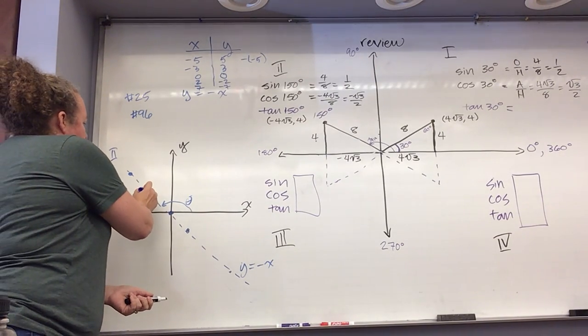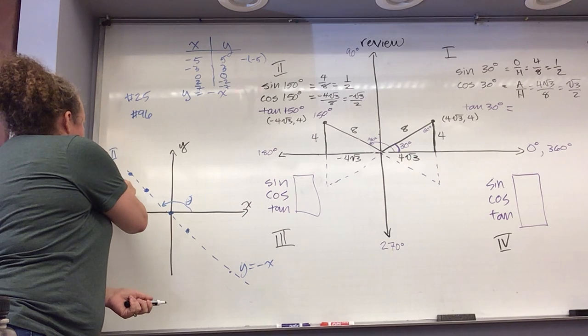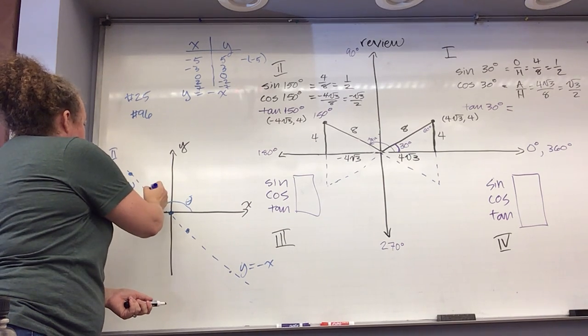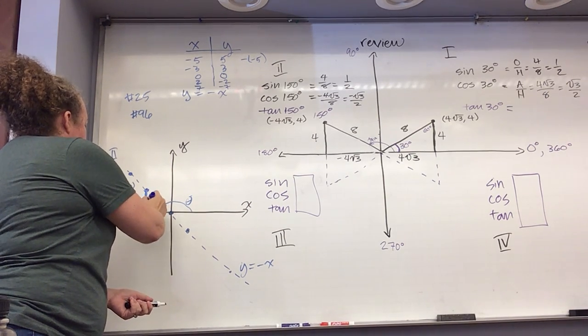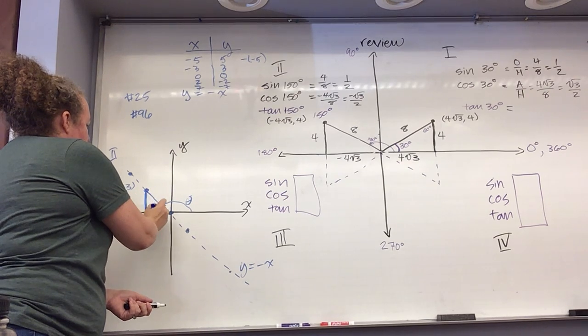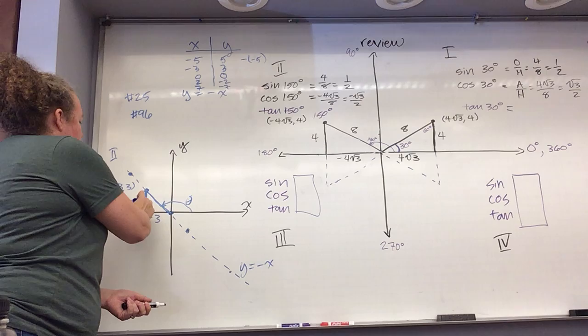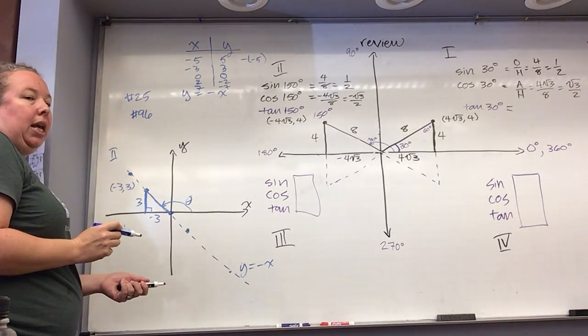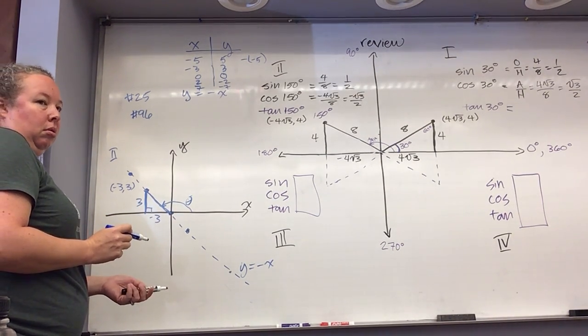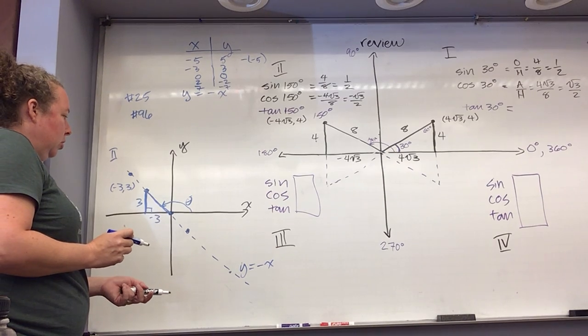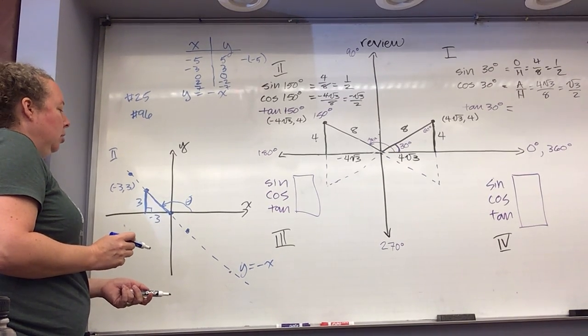So since we already have this point, negative 3, 3, my suggestion is that we go ahead and use this triangle right here to find the ratios.